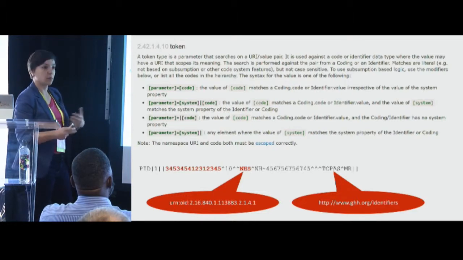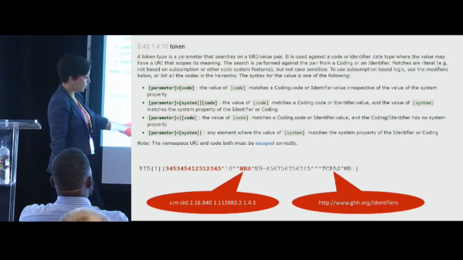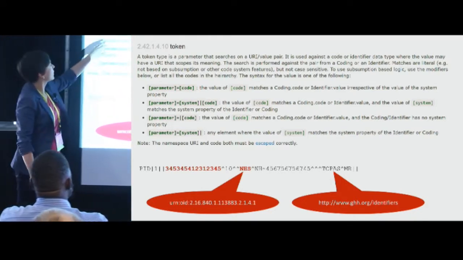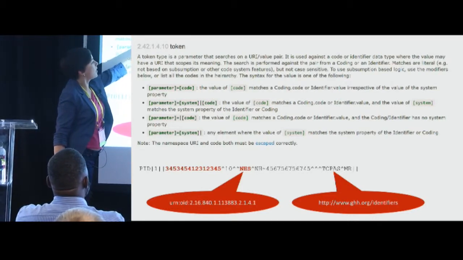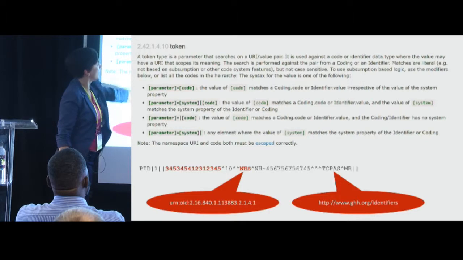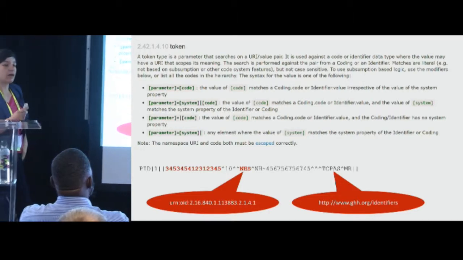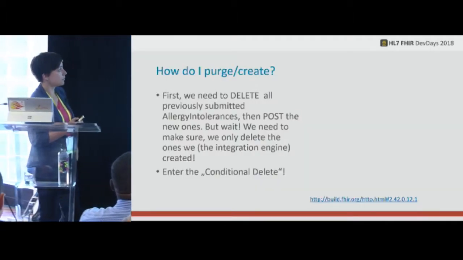So in a FHIR query, we would be looking for an identifier from this namespace with this value. And that's what we do with the token parameter, where we just say identifier equals, and then the system URL, whatever it is, and then pipe and the code in the back, to make sure that our identifier only matches if it comes from the same namespace.